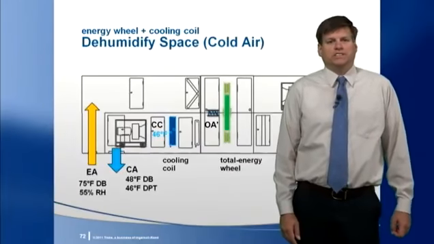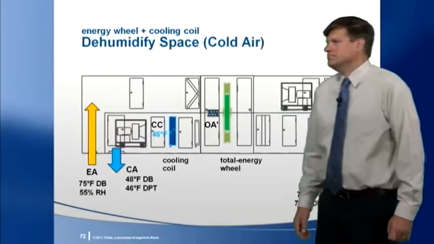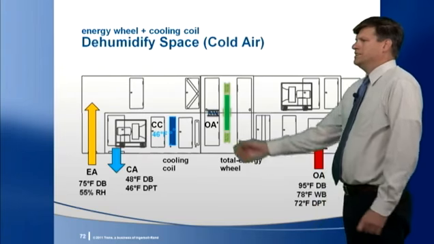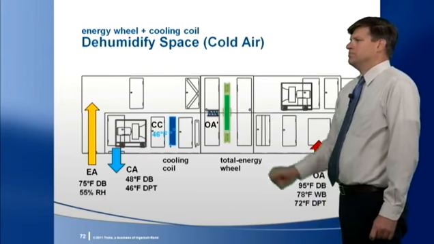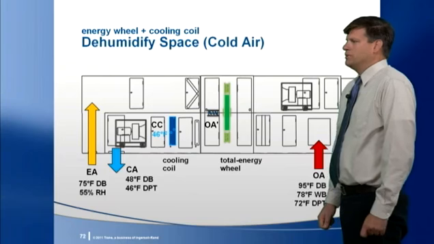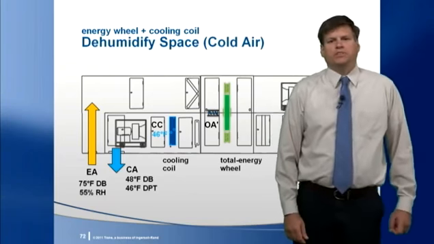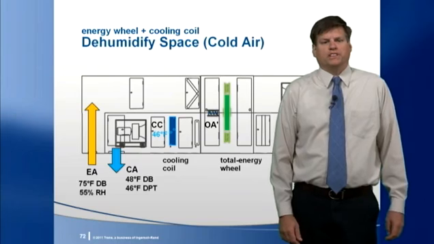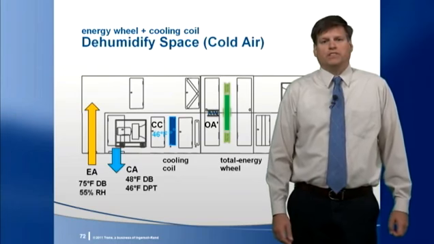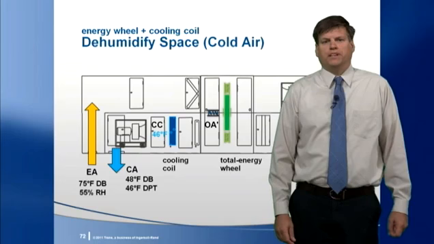This example configuration is the same. It contains an energy wheel and a cooling coil. The difference is the leaving coil temperature. The wheel preconditions the outdoor air, reducing the coil load by 35%. Based on my earlier chart, 46-degree dew point is in the typical range to keep the classroom below 55% RH.